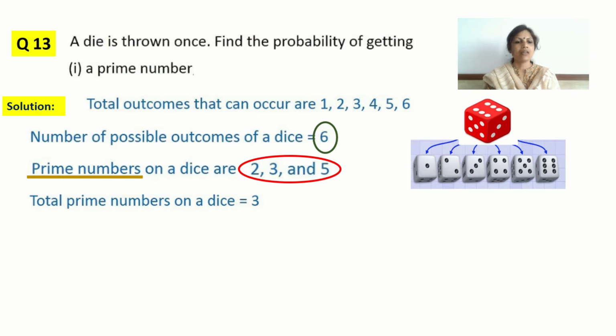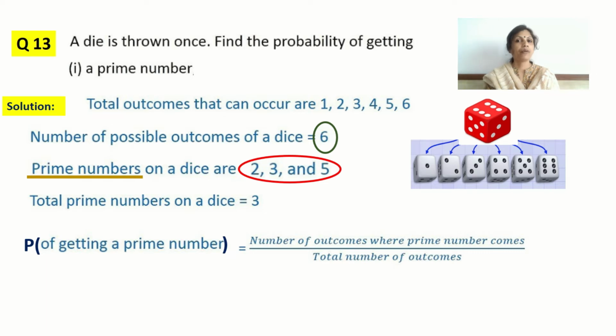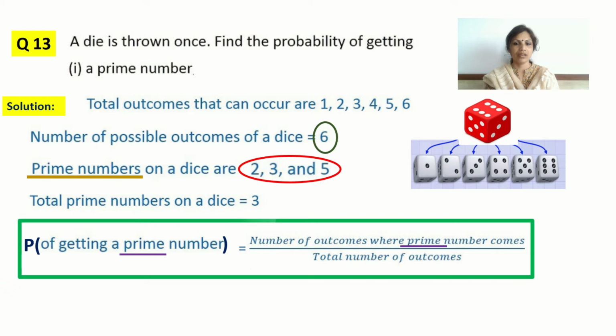So probability of getting a prime number is equal to number of outcomes where prime numbers comes divided by total number of outcomes. So number of outcomes where prime number comes is 3, which we have already calculated, and total numbers which are there on the die are 6. So 3 upon 6, reduce it to lower term, and the answer is 1 upon 2.